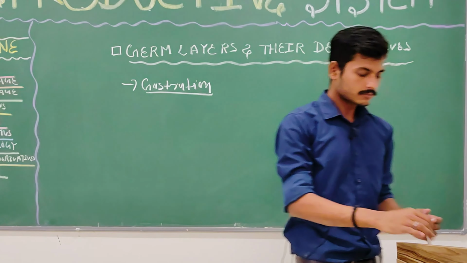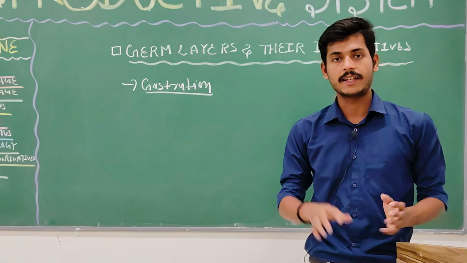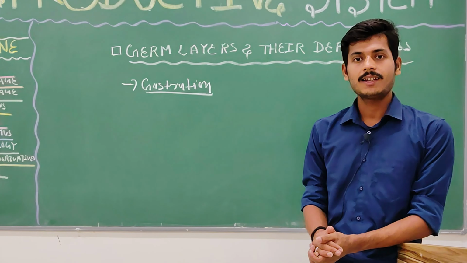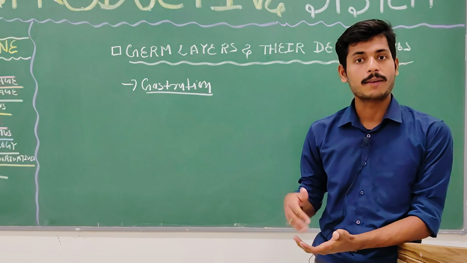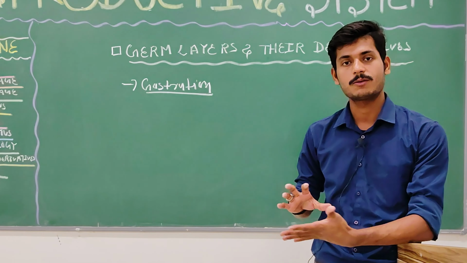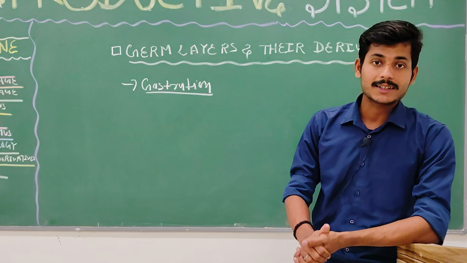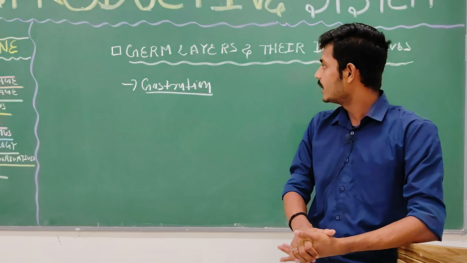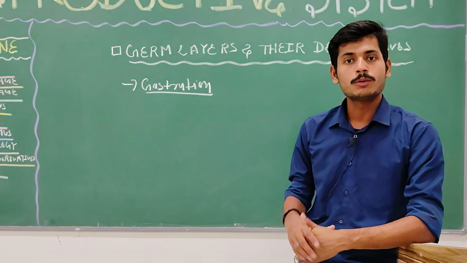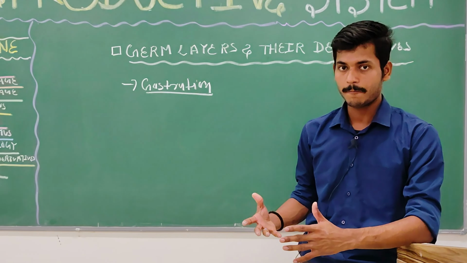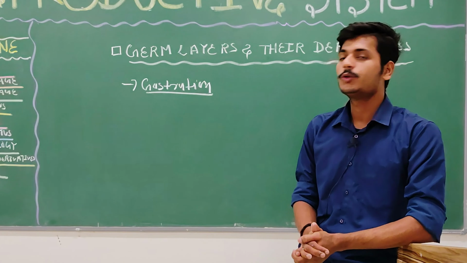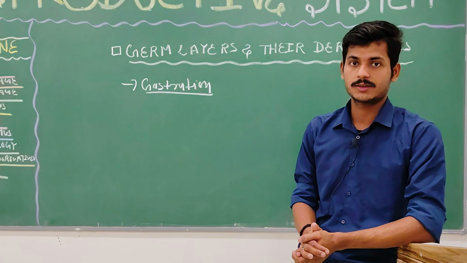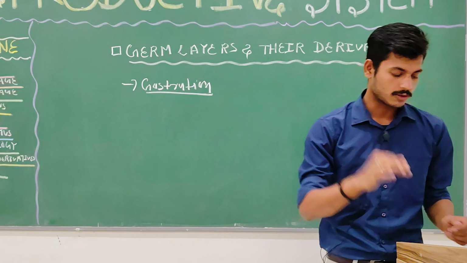We saw that after implantation, the cells undergo embryogenesis. The layers present, called the inner cell mass and outer cell mass, undergo changes, and these changes lead to the formation of the germ layers. We have three types of germ layers.